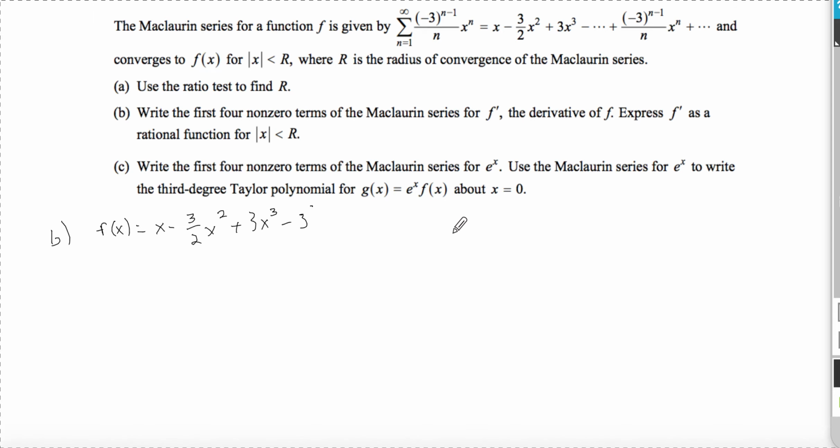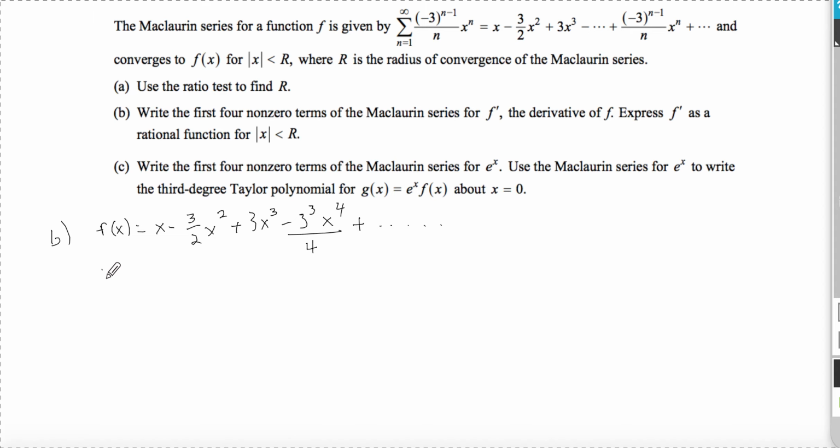My next term then will be negative 3 to the 3rd power, x to the 4th power, because n is now 4. Notice our series started at 1, so n is 1, 2, 3, 4, over 4, plus so on and so forth, right? So there is my f series.